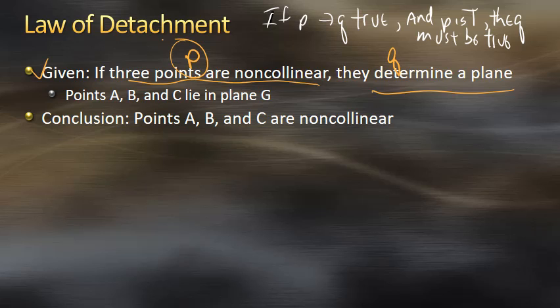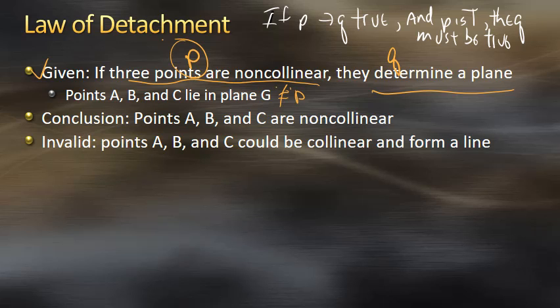We have to be careful here. We're asked to determine whether this is a valid conclusion. Well, the only way that it could be valid is that this statement here is equal to P, but that's not true. That's not what our hypothesis is. And so therefore, in this case, we can say that we've got an invalid conclusion.